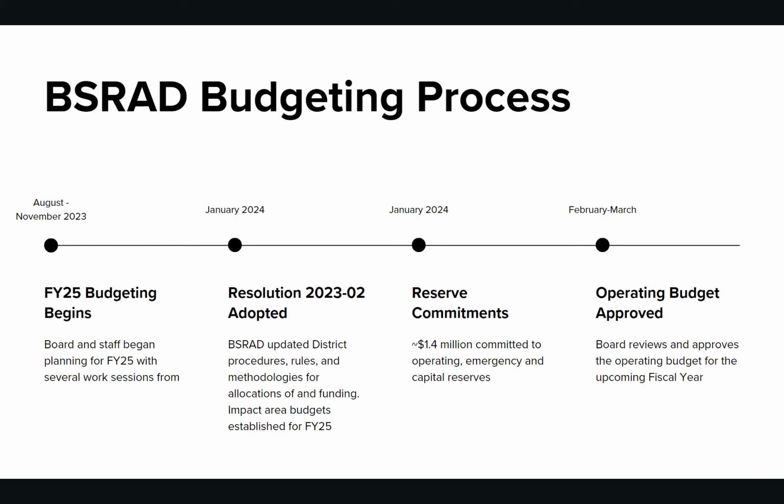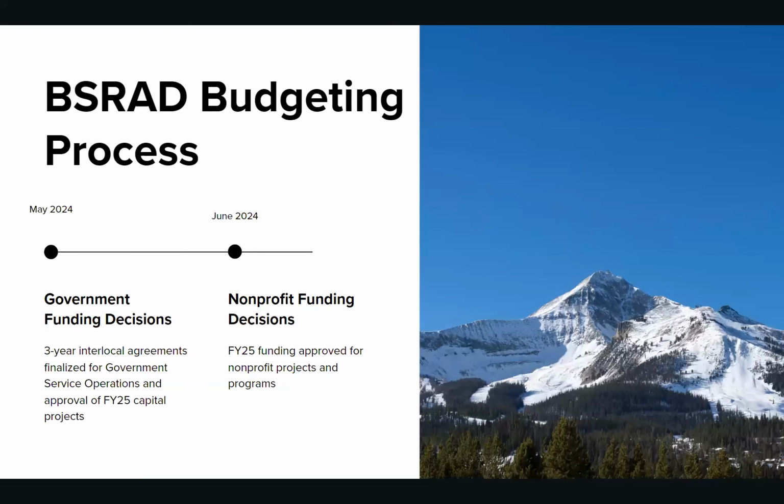Next week, we'll start reviewing our own operating budget as well for the upcoming fiscal year, which will start in July, the same as this allocation cycle. And then moving forward to May, the funding decisions around the governments will be decided, April through May, and then nonprofit will be in June.